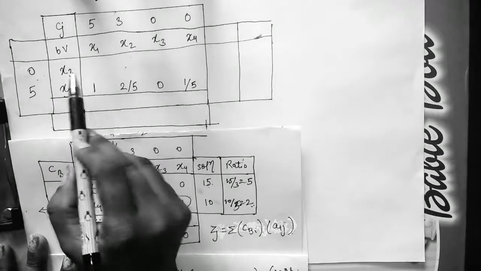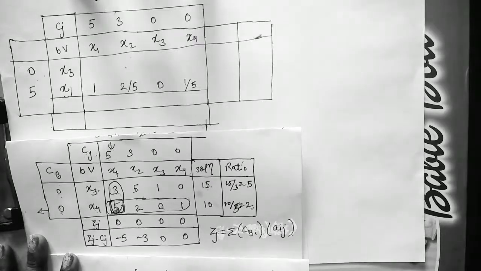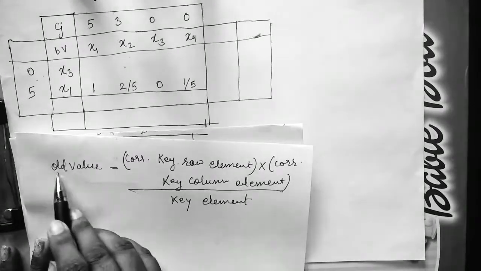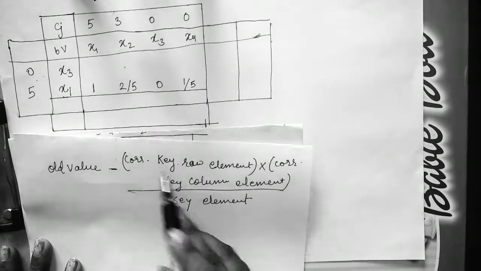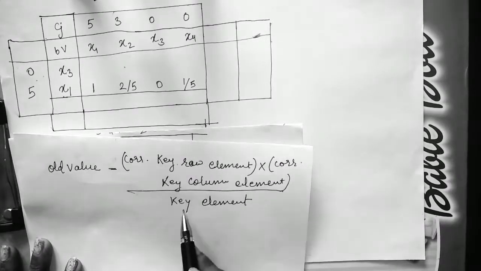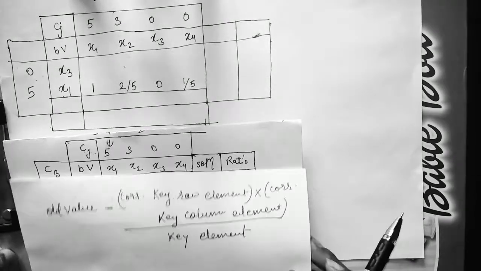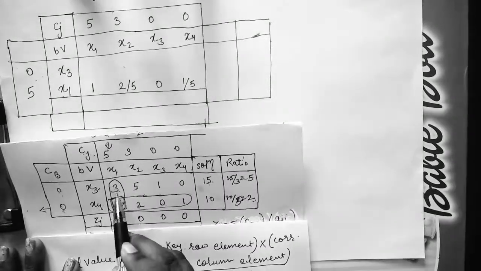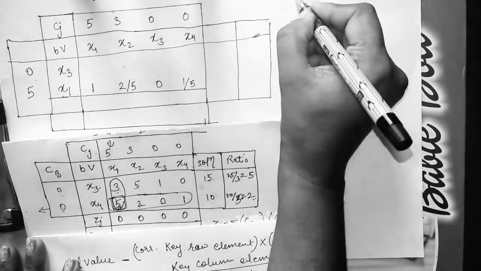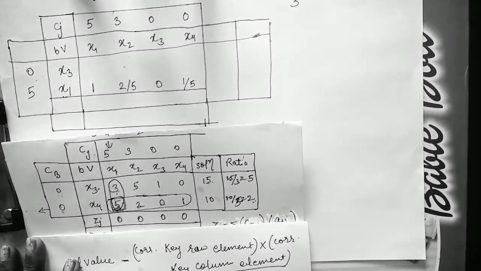Now we have to calculate row 1. For calculating row 1, there is a formula. The formula is old value minus corresponding key row element into corresponding key column element upon key element. So see, this is the old value. Old value is 3 minus corresponding key row element.